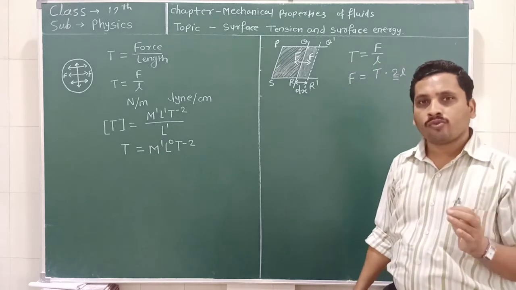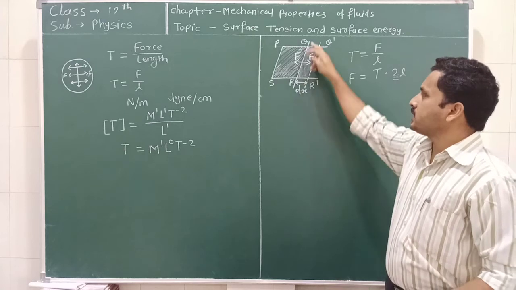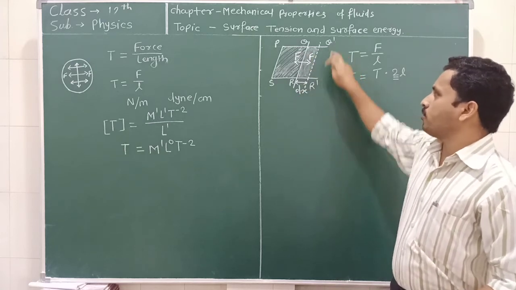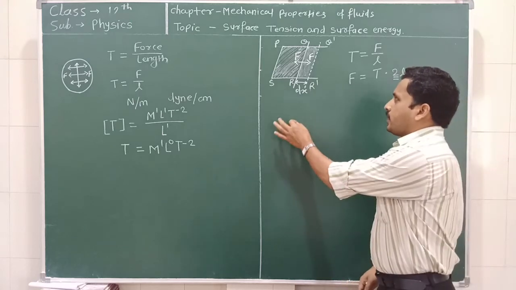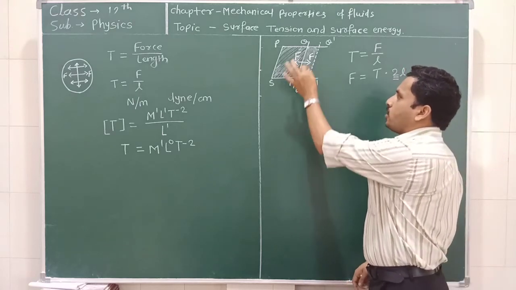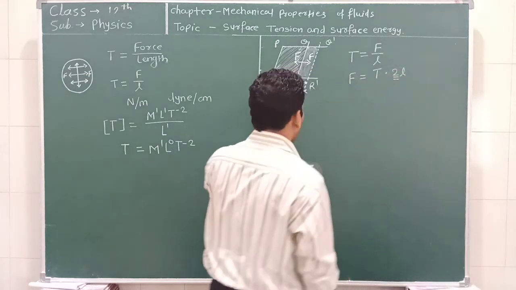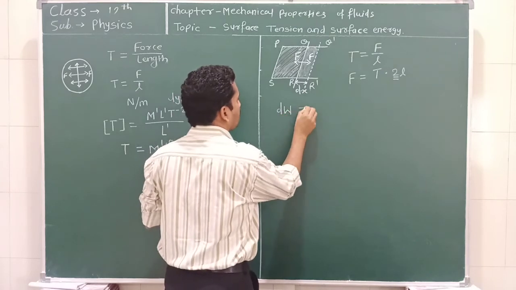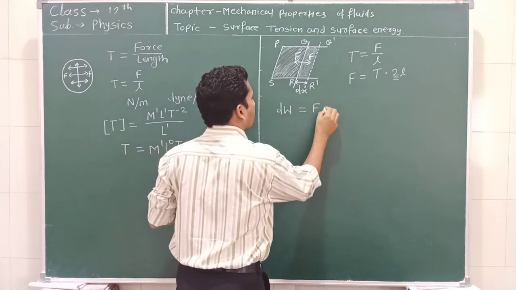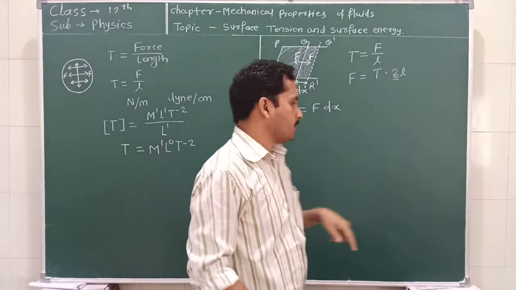We need to spend some energy to bring this QR to the position Q dash and R dash. If we pull this QR by an amount dx, the work done dW is equal to F multiplied by the displacement dx.